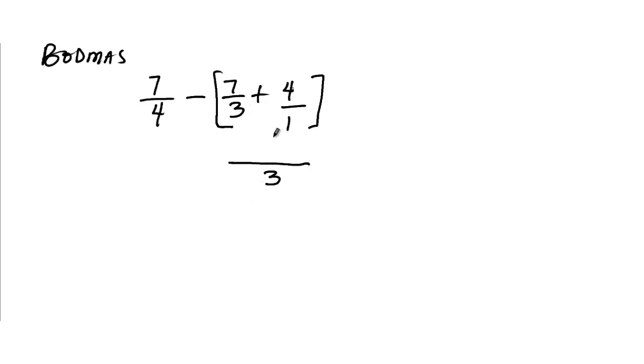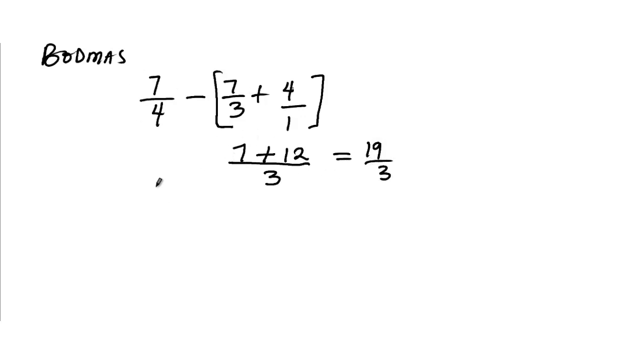That's a very simple way to do it, instead of having to create a table. So 3 in 3, 1. 1 times 7, that is 7, plus 1 in 3, 3 times 4, that is 12. So the whole of this will give me 7 plus 12. That's 19 over 3. So everything inside this bracket is now 19 over 3.